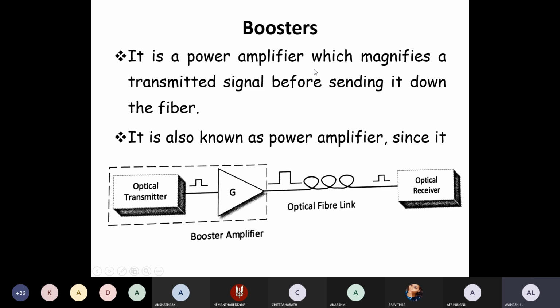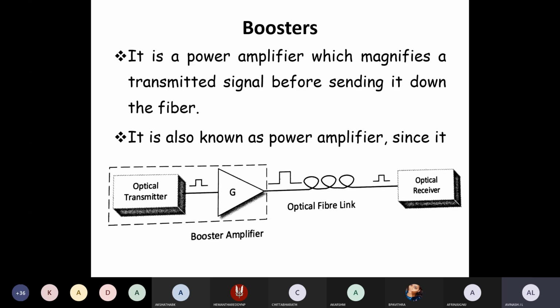You can write down that it is a power amplifier which magnifies a transmitted signal before sending it down the fiber.